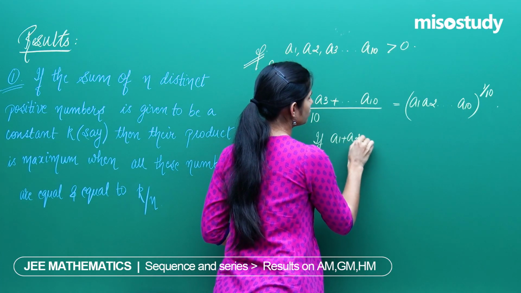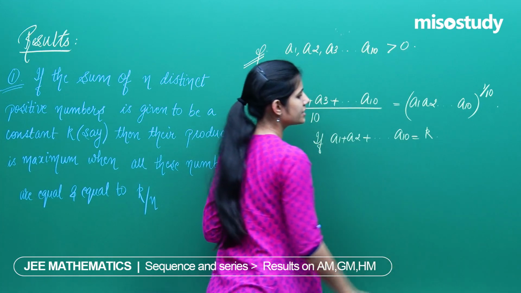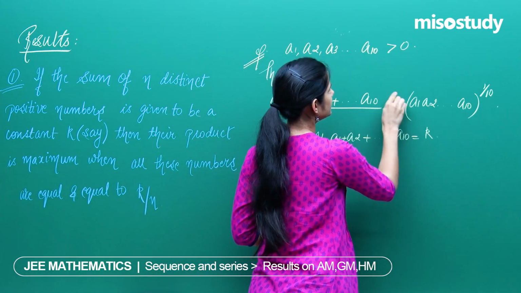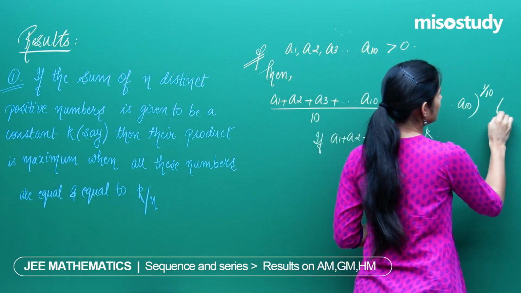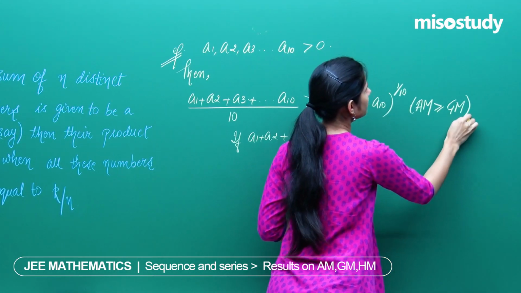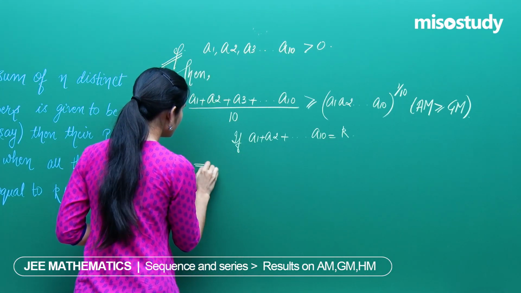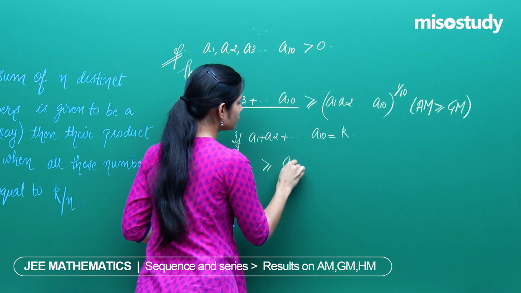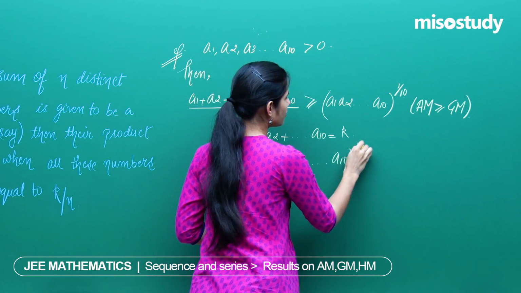Now, if A1 plus A2 plus A3 up till A10 is given to be a constant k, in that case, because AM is greater than or equal to GM, the AM of 10 numbers is greater than or equal to the GM of those same 10 numbers. So k upon 10 is greater than or equal to A1, A2 up till A10 whole to the power 1 by 10.